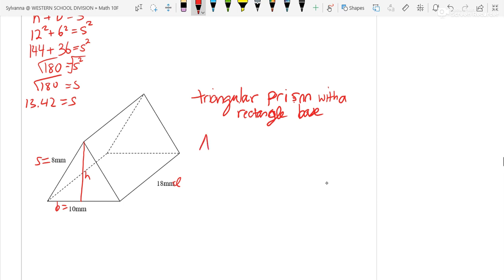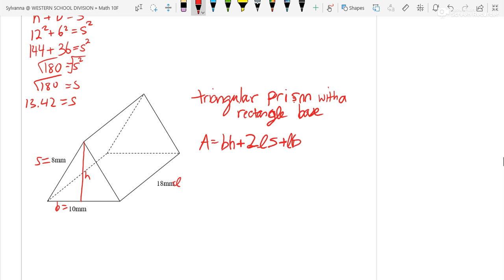And this area would be base times height plus 2 times length times slant height plus length times base.